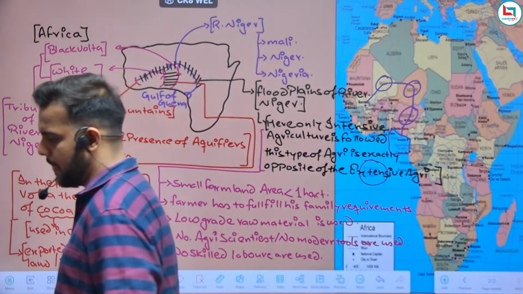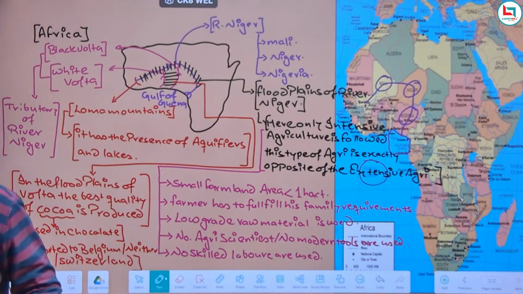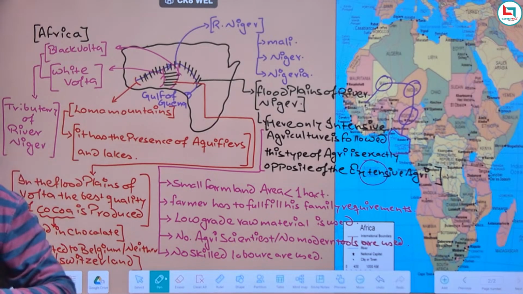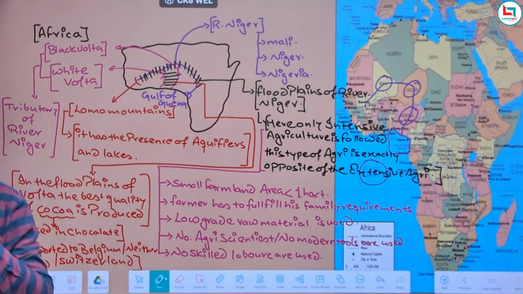Now guys, remember one thing, that Ghana is the highest producer of cocoa in the world after Côte d'Ivoire.